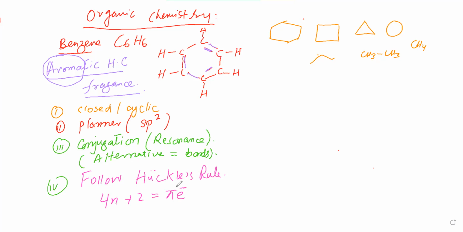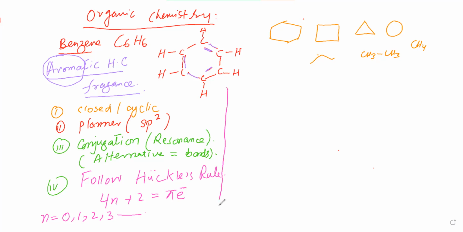You need to find out the value of n. When the value of n is 0, 1, 2, 3, and so on, it means that Huckel's rule has been followed. But if the value of n is coming in fractions like 0.2, 0.3, 0.5, then it means that the rule is not followed. Is it clear?